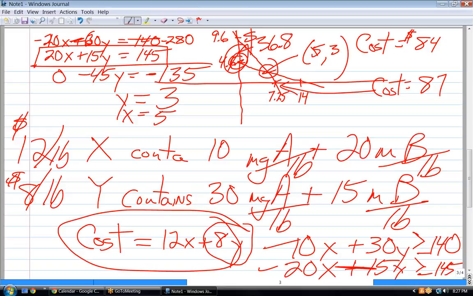And that 8 pounds of y is going to give us 240 milligrams of A, which doesn't meet our requirement, and 120 milligrams of B, which doesn't meet our requirement. So that's not the answer.